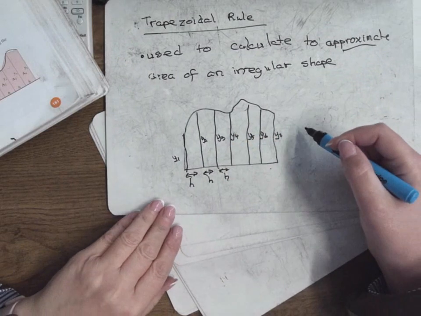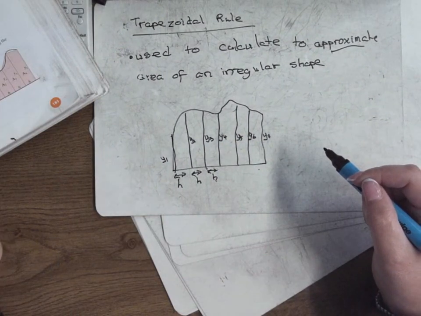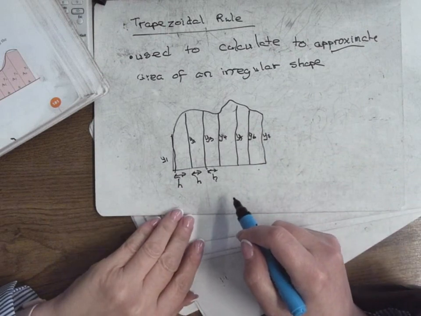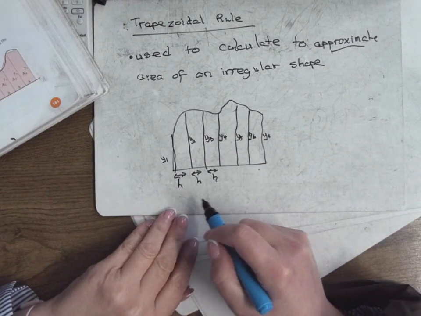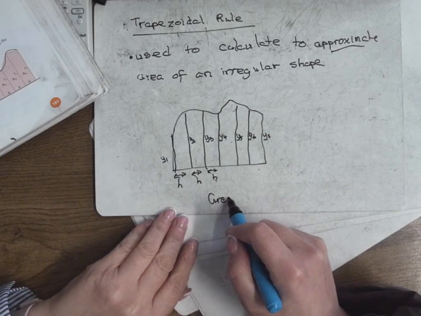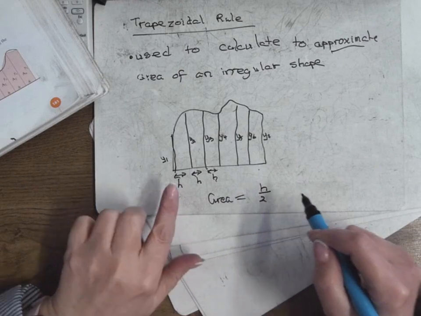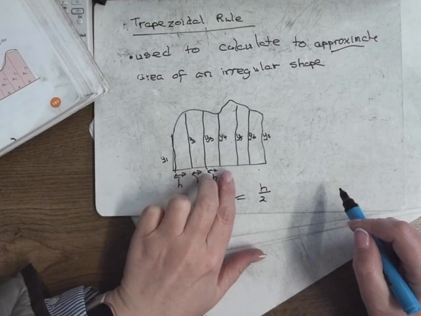I'm going to give you the formula and then explain how I got there. You really don't need to know how I got there, but it might help with the understanding. So the formula for the area of that shape is h over 2, where h is the measure of this width here.